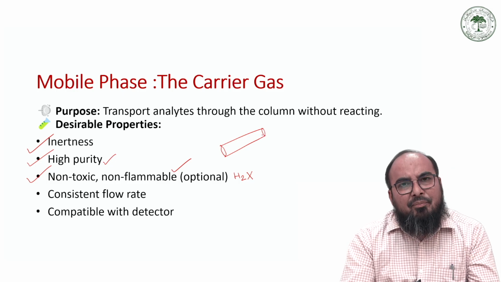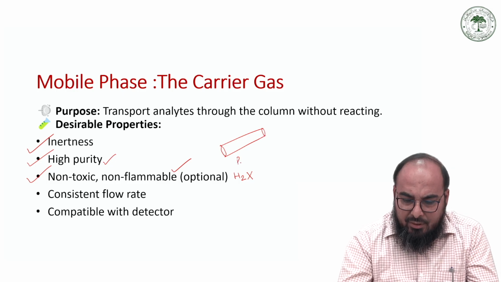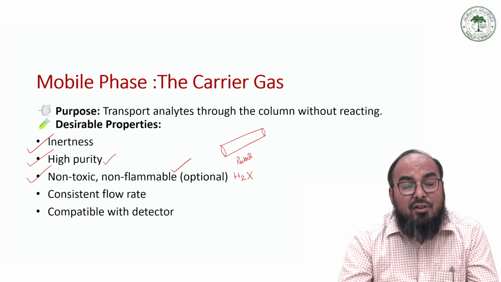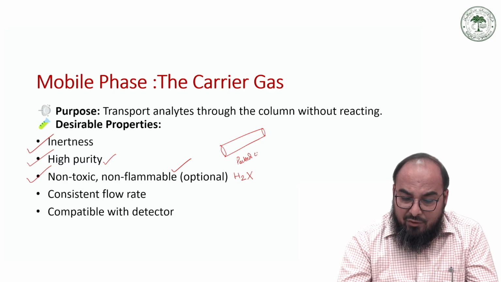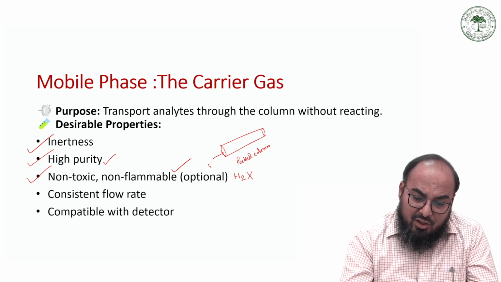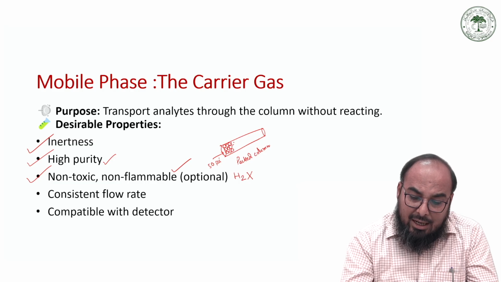Suppose you have a packed column here. We are going to see different columns in the coming slides. If you have a packed column, and the pressure is 50 psi here, and this column is packed, because it contains certain solid stationary phase, and the liquid is impregnated on it, immobilized on it.